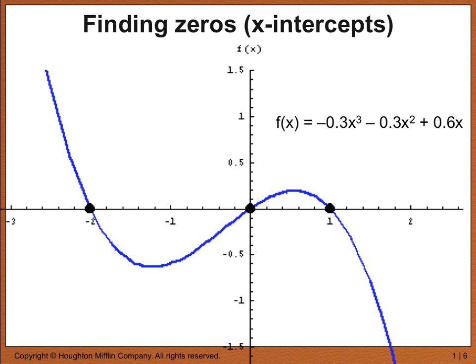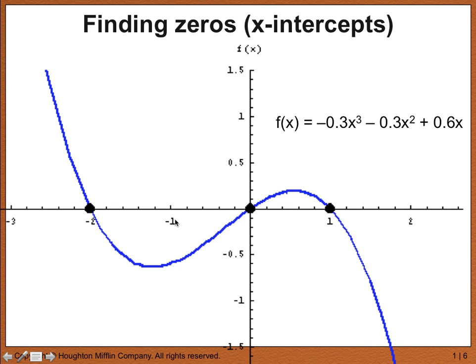Another example, we can find zeros graphically if we have an accurate graph, as we do in this case. This is the function f of x equals negative 0.3 x cubed minus 0.3 x squared plus 0.6 x. You can graph this on your calculator, but this is what you'll get.